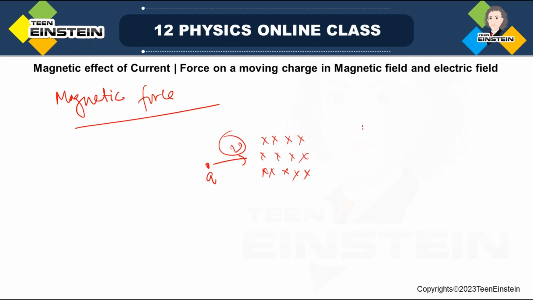That is given by Lorentz, out of experimental facts. It is said that the force is directly proportional to the charge.